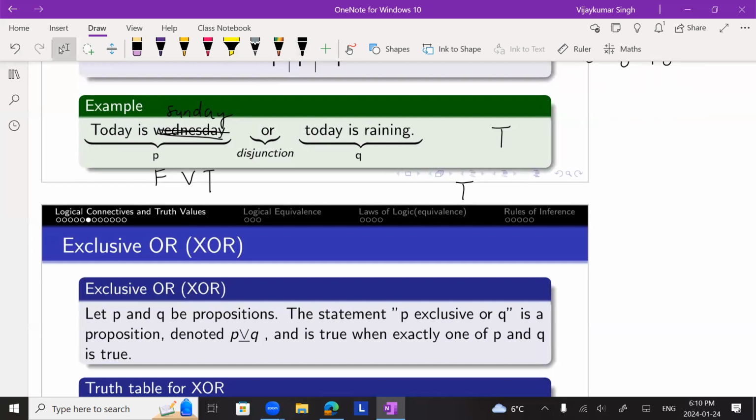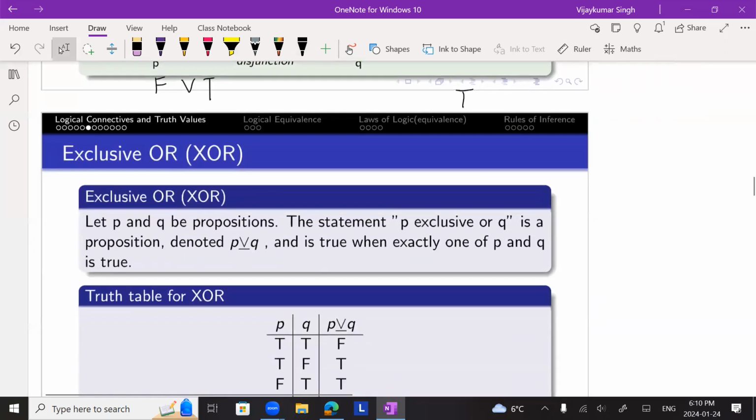In XOR, if you have two statements, XOR is true only if one of them is true. Otherwise, it's false. Does that make sense to you? So in exclusive or, what you want is either this or this. You don't want both of them at once. That's the difference between or and exclusive or XOR.